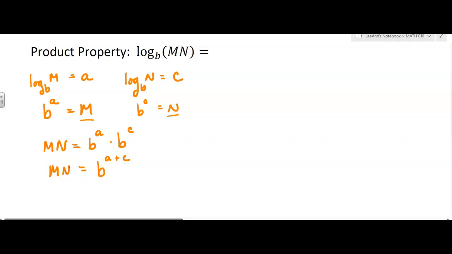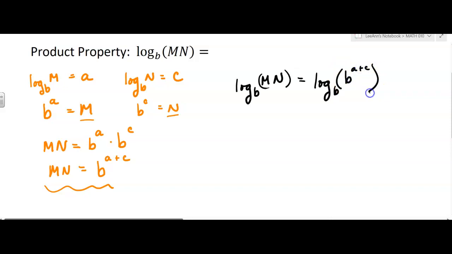Okay. So now I can use this to replace it into what I'm trying to find. So log base b of mn is equal to log base b of b to the a plus c. So I'm using all of this to replace the mn, the argument.